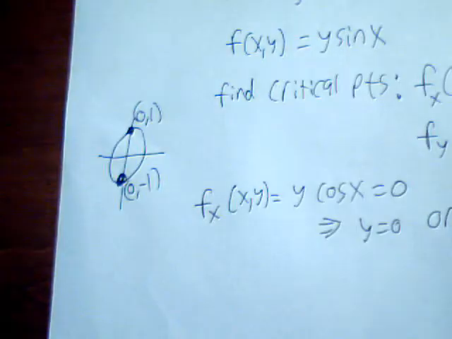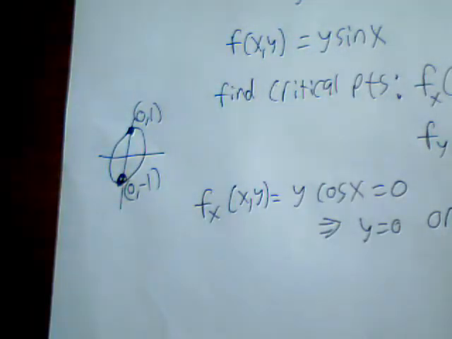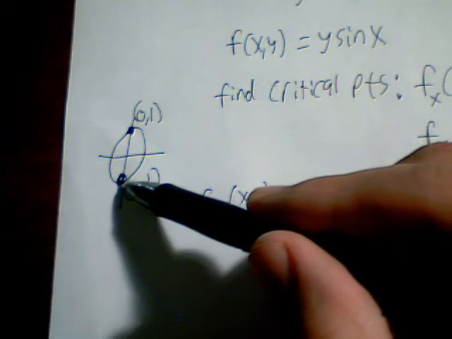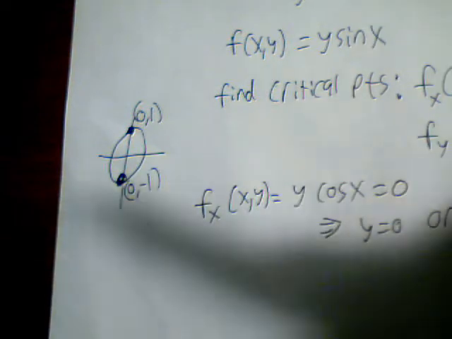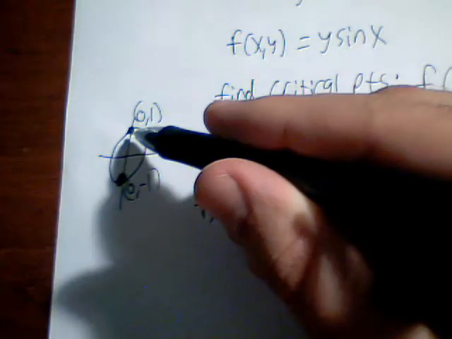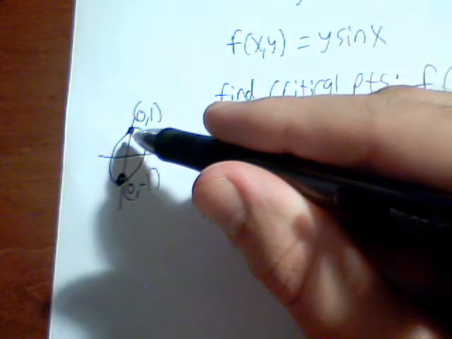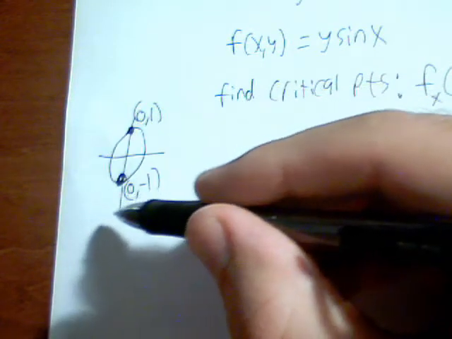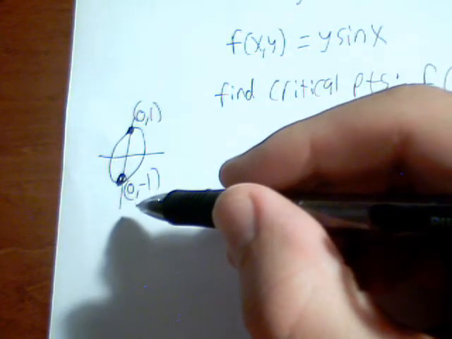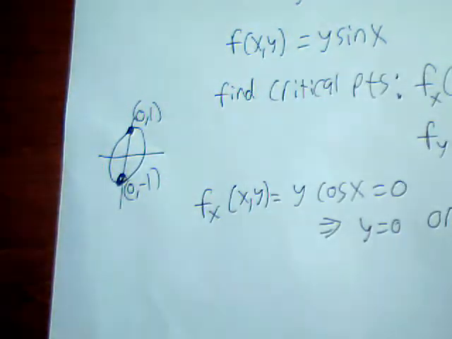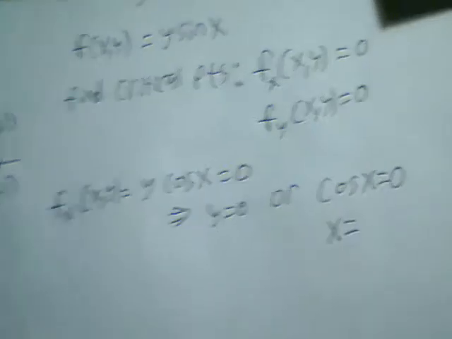It's a very rough looking unit circle, but the cosine is 0 at pi halves and 3 pi halves. And then if I make another turn, pi halves could also be called 5 pi halves, then 3 pi halves could be 7 pi halves, and then 9 pi halves, and any odd multiple of pi over 2.